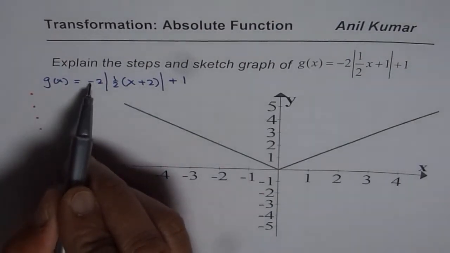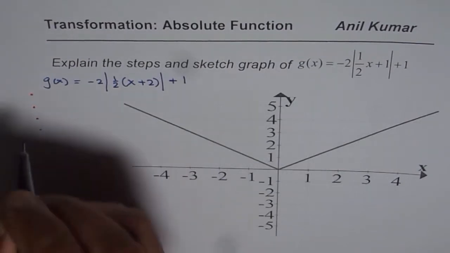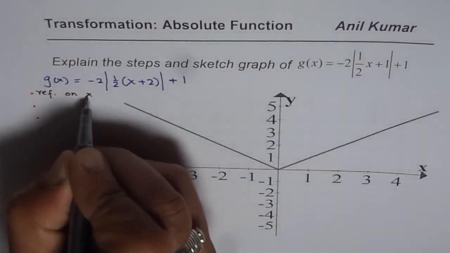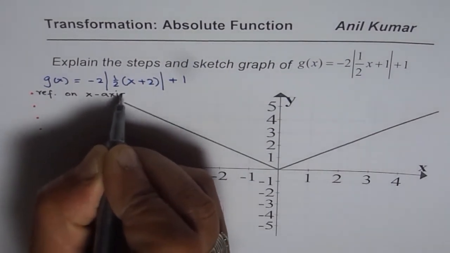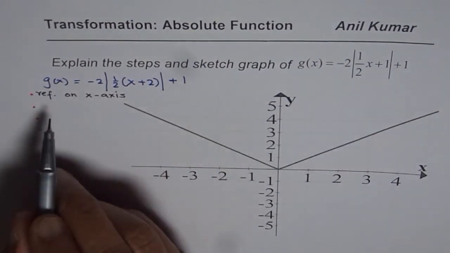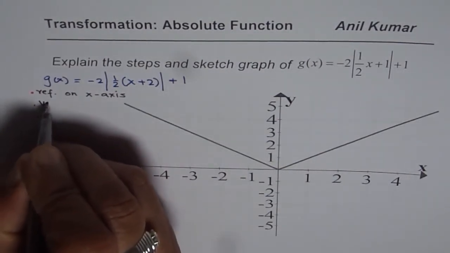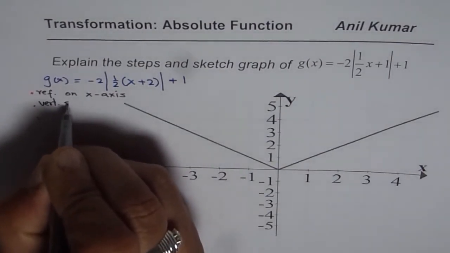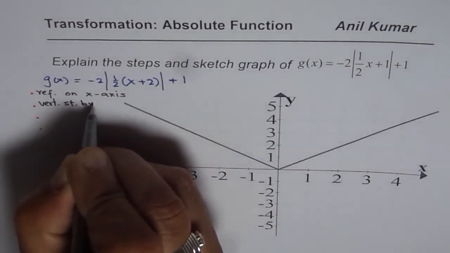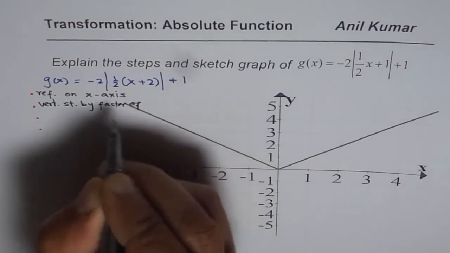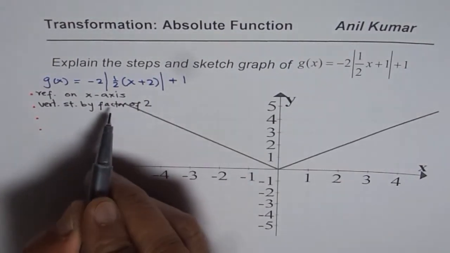So minus here means reflection on the x-axis. I'm writing them in short form; you should actually write it in full form. 2 means vertical stretch by a factor of 2. It is important to write factor.